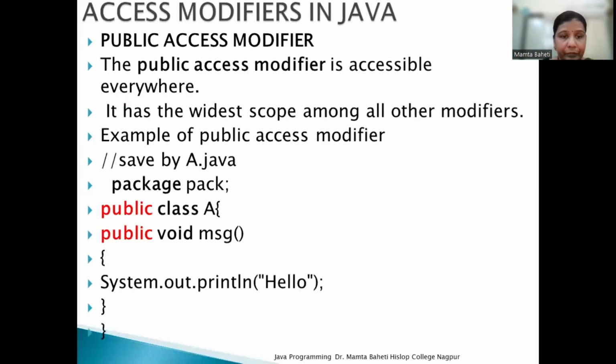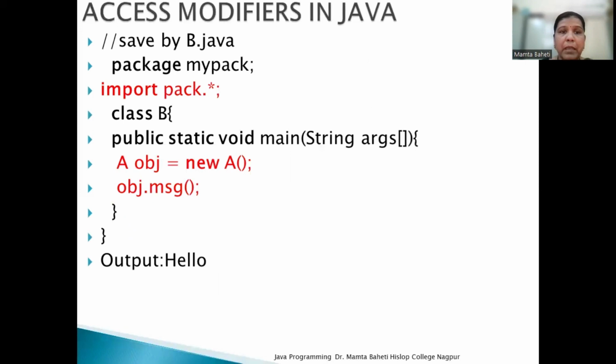For example, here class A is public and the method is also public. I import the package name, create the object of that class, and call the method through that object. As it is public, it can be accessed beyond the package and beyond the class.